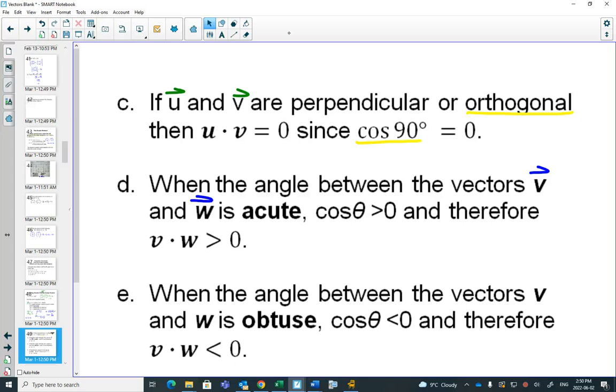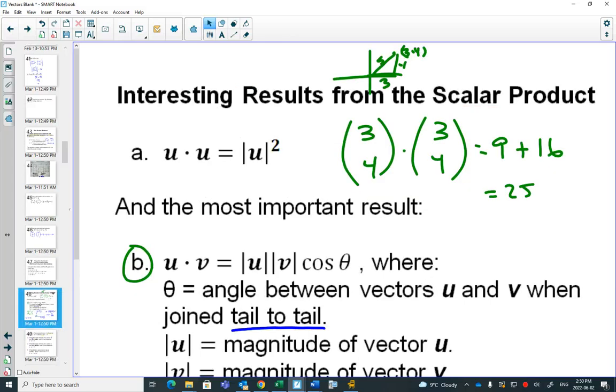If your dot product is negative, then the angle between your vectors has to go into quadrant 2. Because again, if we look at this formula, this is always positive, this is always positive, this is the only thing that can change to be either positive or negative. This is going to be positive in quadrant 1 and negative in quadrant 2 because of your CAST rule.